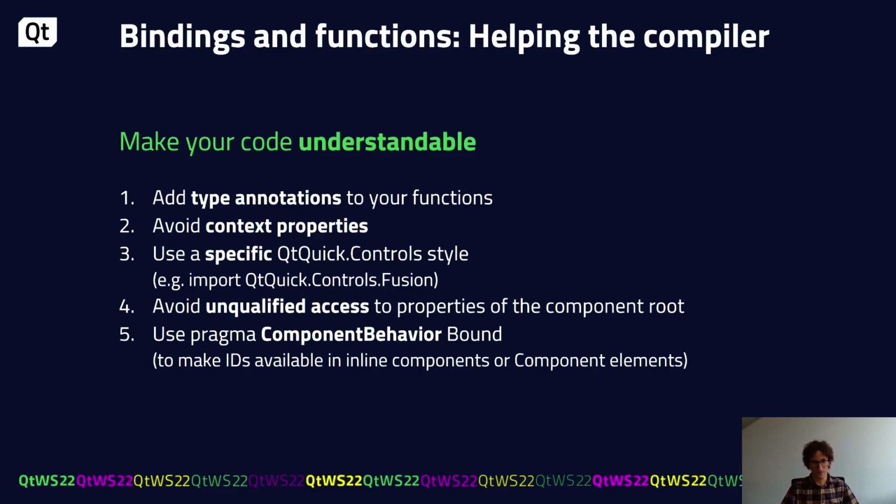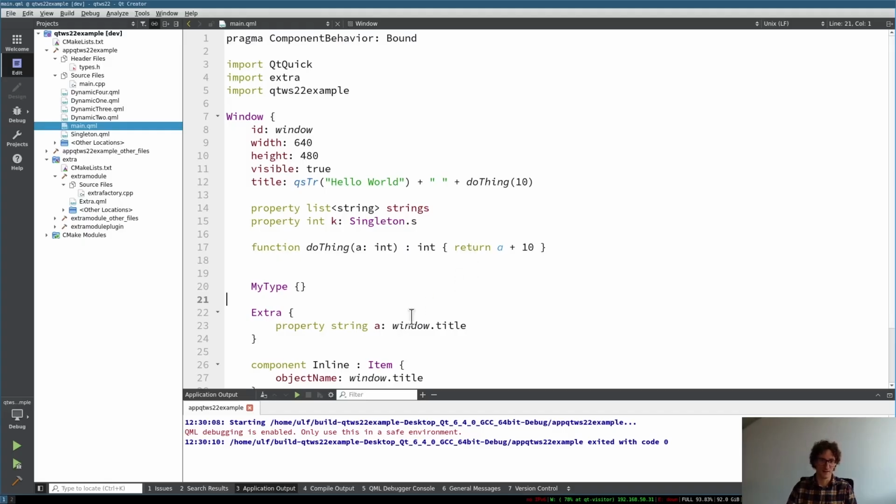Then fourth, what we have to avoid is unqualified access to the properties of the component root, because looking up such unqualified access is rather complicated. So for example, in this extra element, we might be compelled to write just title, because we know window has a title and we can just access it directly without qualification.